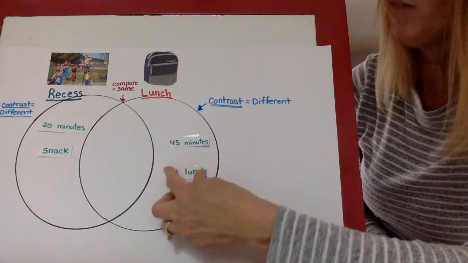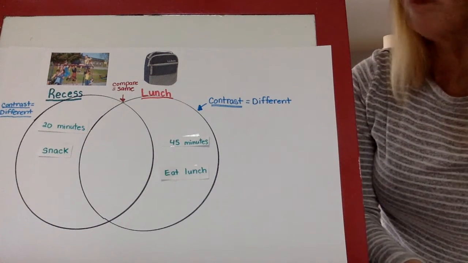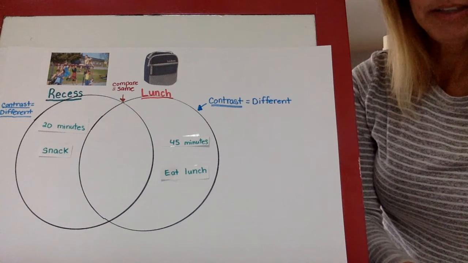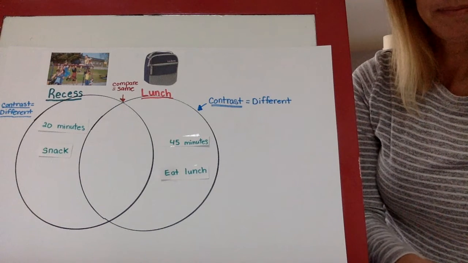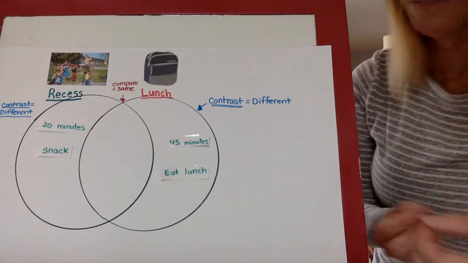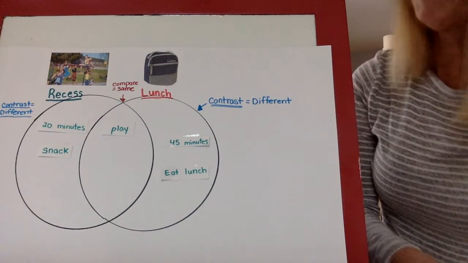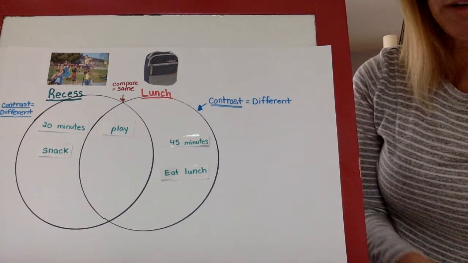Now, comparing what things are similar to either one, we could say that at both times, we like to play. Can you think of some that you do both for?